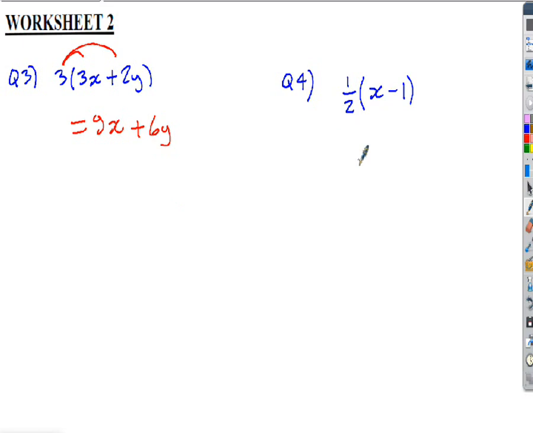So question 4, we've got a half outside of the bracket, so it's half multiplied by the x minus 1 inside the bracket. Sometimes it helps if I write it in this format, the 1 upon 2 outside the bracket. Inside I've got x divided by 1 minus 1 divided by 1. As usual, we're going to expand the outside number with the terms inside the bracket.